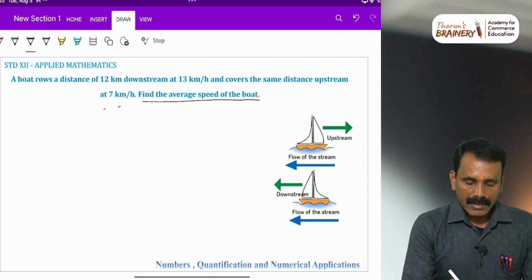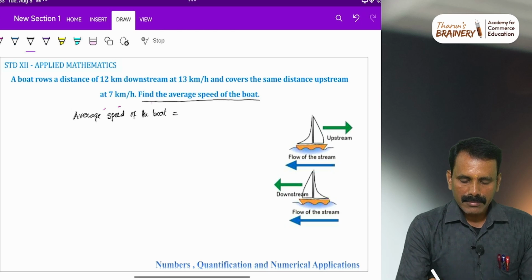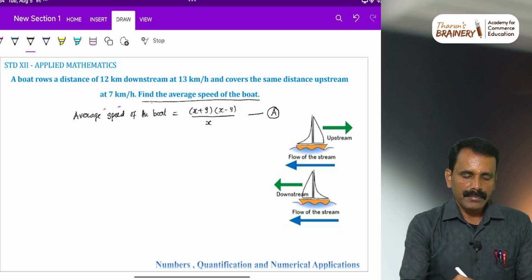The average speed of the boat is nothing but x plus y into x minus y divided by x. We are going to use this formula to find the average speed of the boat. Okay, so we start.